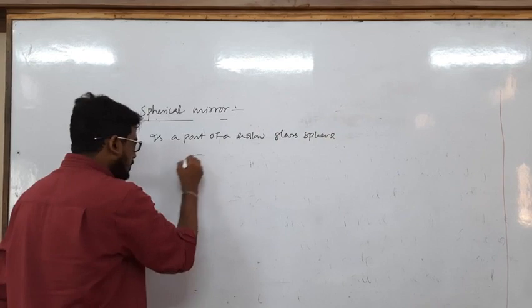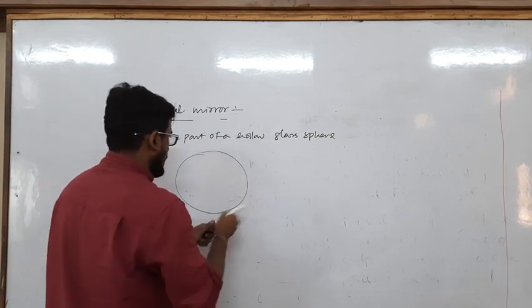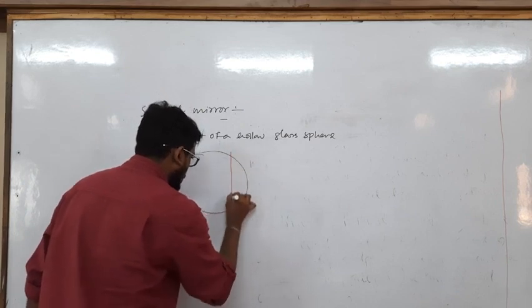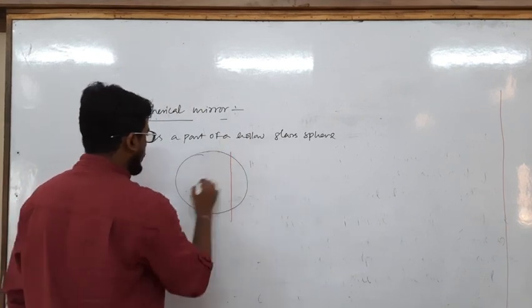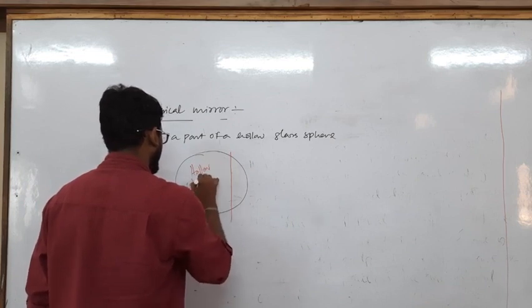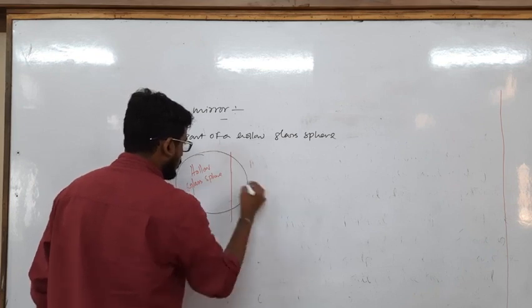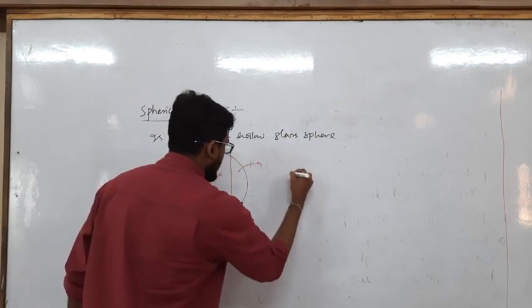Okay, for example, if this is a hollow glass sphere and I am considering a small portion of it, or I cut this portion, then this segment will look like this.